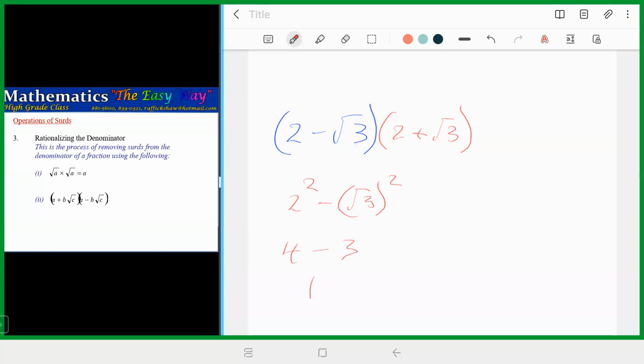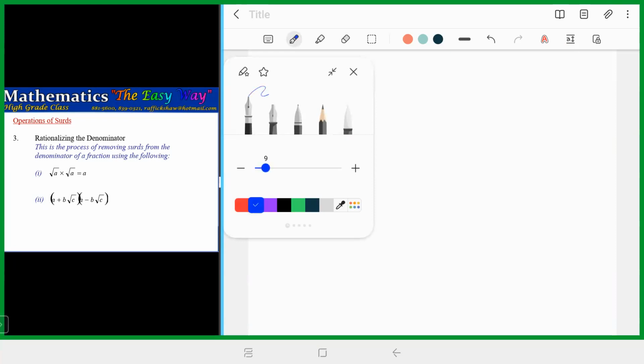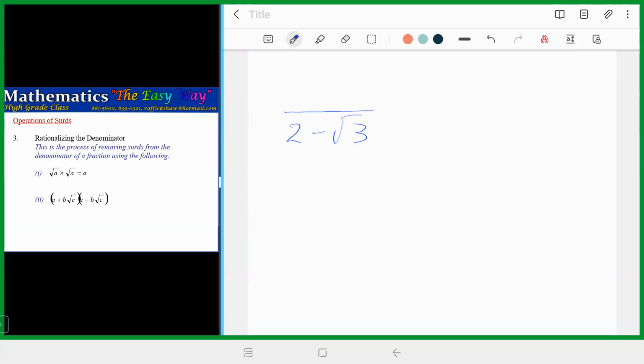All right? So how do we apply this? Let's look at an example. Suppose that same expression was on the denominator of a fraction, and let's say on the numerator we had 2 plus root 3 instead. And we want to rationalize the denominator. Right now the denominator is irrational because it has the surd in it.